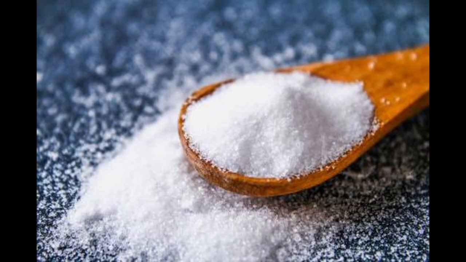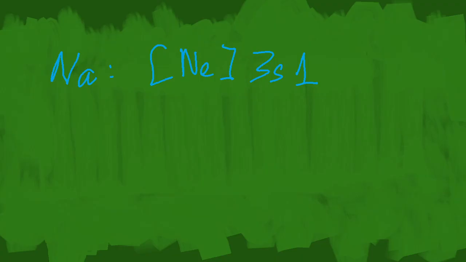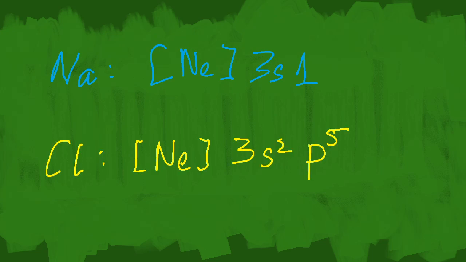We will take the most generic compound as an example for this type of bonding, salt. So, sodium, with its configuration being neon 3s1, is either 7 electrons short or 1 electron spare from being a noble configuration. Another element in the compound, chlorine, has a configuration of neon 3s2 3p5, either 1 electron short or 7 spare electrons from being a noble configuration.